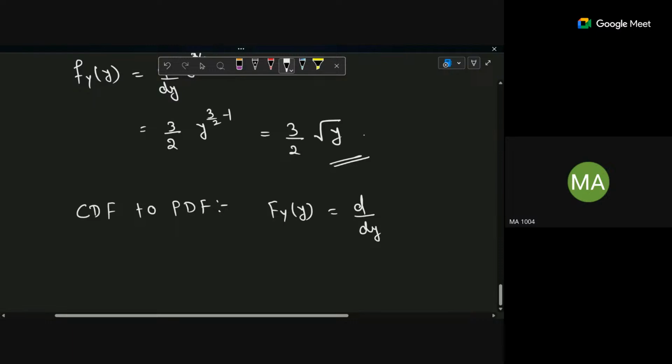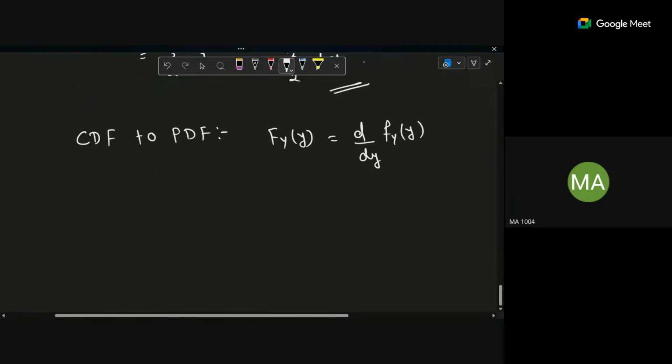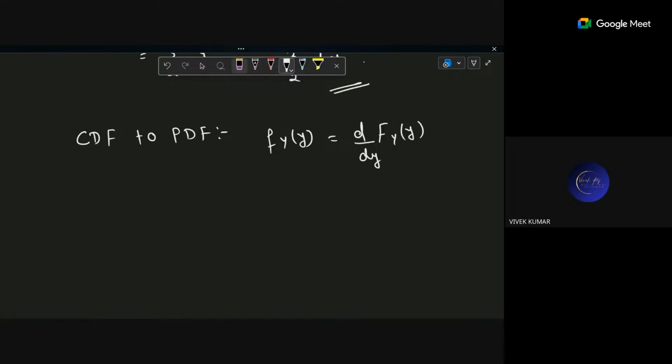Any one way you remember, that's fine. They are anti-derivatives of each other. So PDF is the differentiation of CDF, right? CDF to PDF. Just change it.